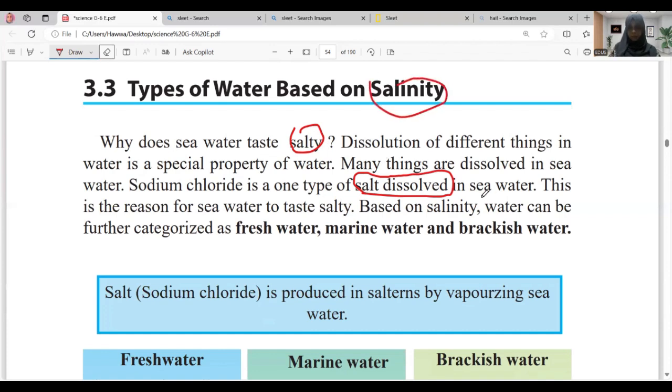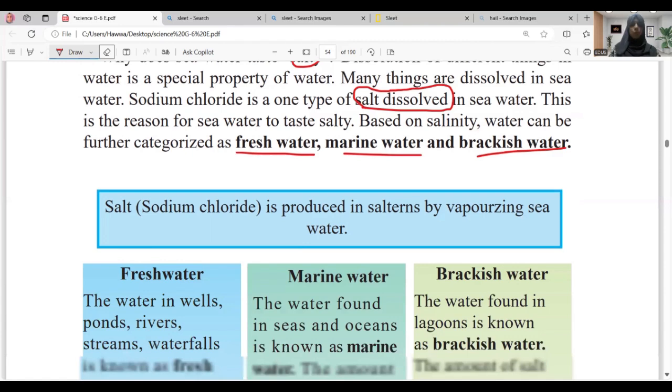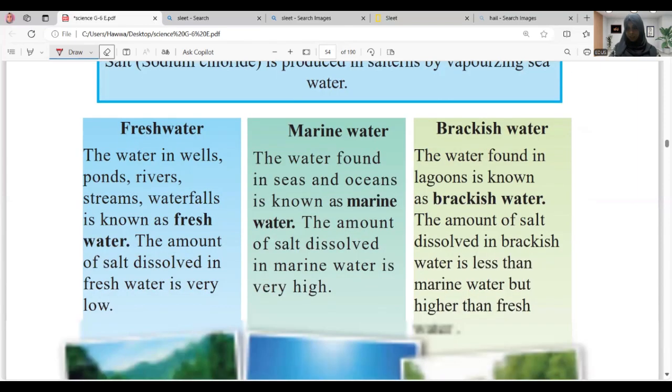The best example is that water can be categorized as fresh water, marine water, and then brackish water. So we'll see the characteristics. Fresh water we can find in wells, ponds, rivers, not the lakes we have now in Sri Lanka. They are completely corrupted, actually dirty.